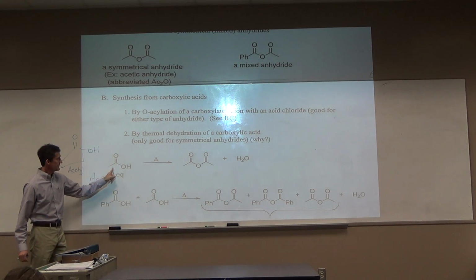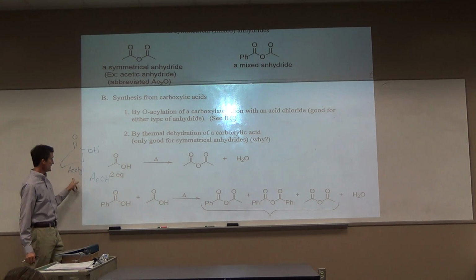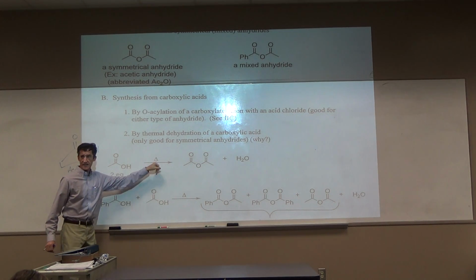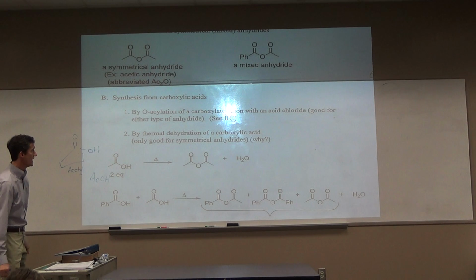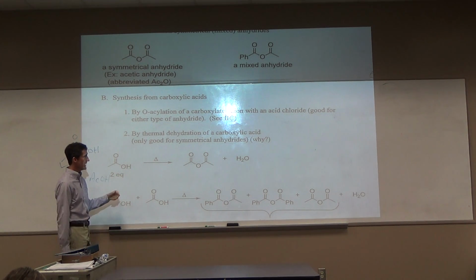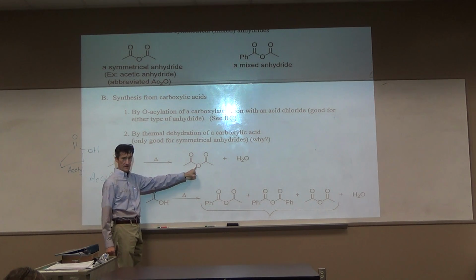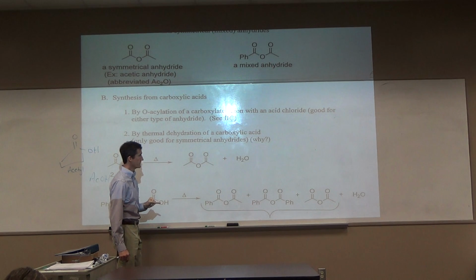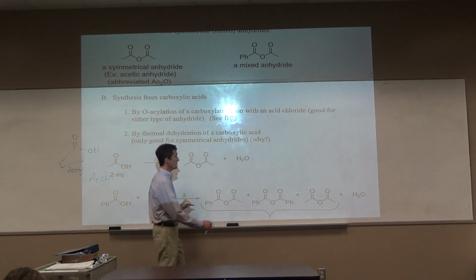If you take a carboxylic acid, such as acetic acid, and just heat it at a high temperature, it will self-react. 2 equivalents will self-react, and you will get the anhydride plus water. So you're removing water.